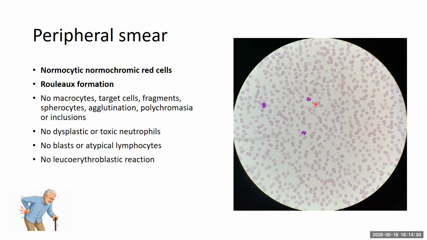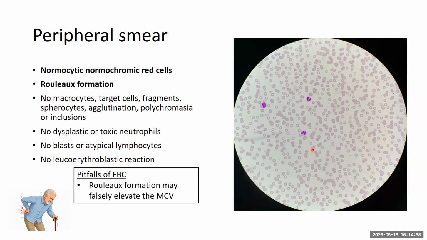There were also no toxic neutrophils to suggest an underlying inflammatory or infective process. No blasts or atypical lymphocytes were seen to suggest a possible acute leukemia or lymphoproliferative process. And overall, there was no leukoerythroblastic reaction to make us think that there could be a possible infiltrative process going on at this point.